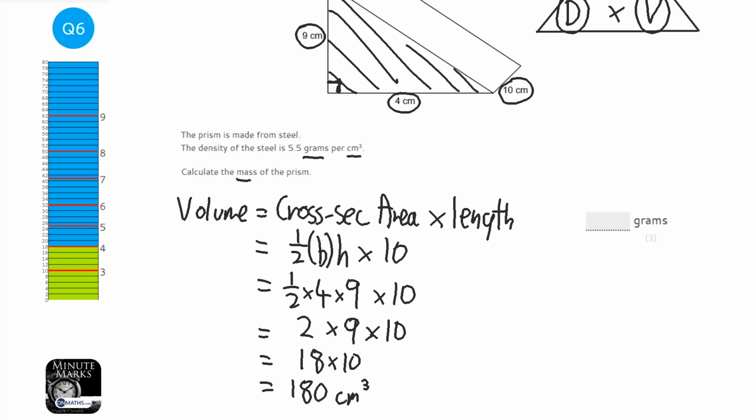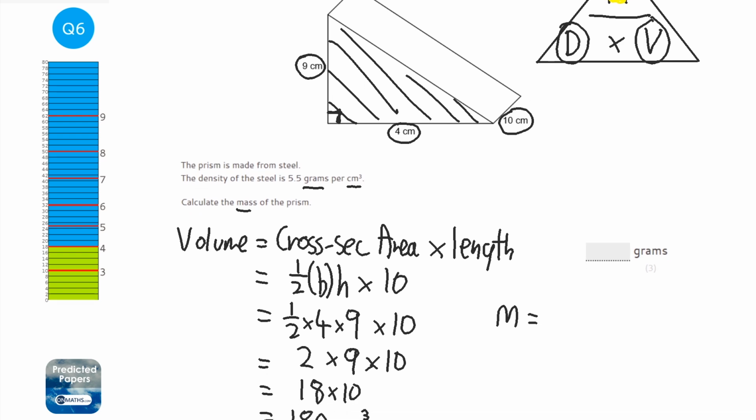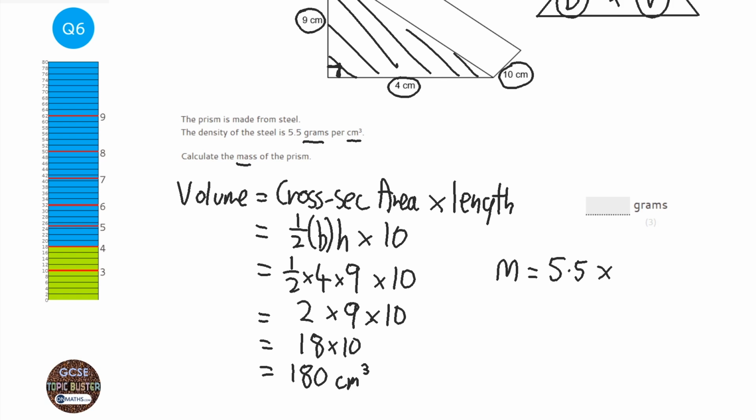So the volume is 180. To work out the mass, if I cover up the mass in the diagram, it says to work out the mass I do density times volume. So it gives me the density in the question, which is 5.5, and I'm going to times that by 180.